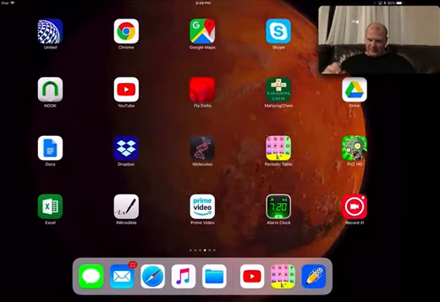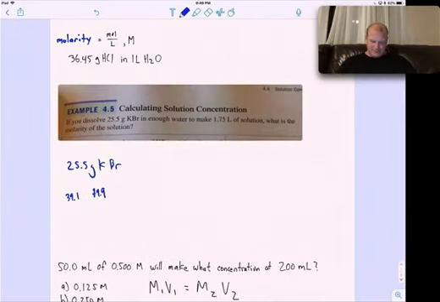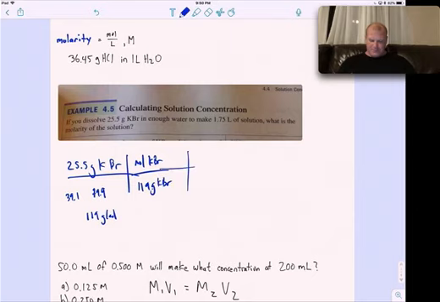Okay, I am correct. So add them: 80 plus 39 is 119 grams per mole. Sorry for the aside there. So 1 mole KBr per 119 grams KBr, and then 1.75 liters.